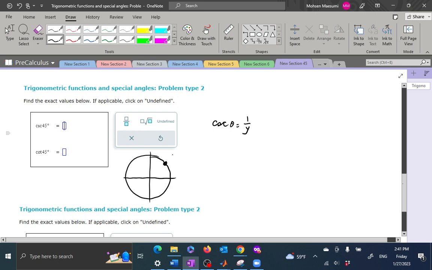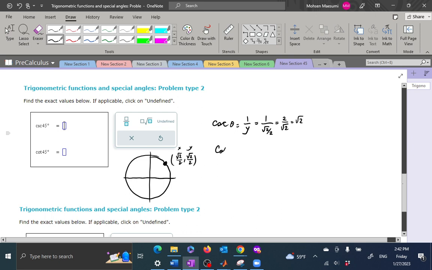The coordinates you see on your picture are radical 2 over 2 and radical 2 over 2. So this is x, and of course this is the y. So 1 over y value becomes 2 over radical 2. We multiply by another radical 2, and that is the answer.